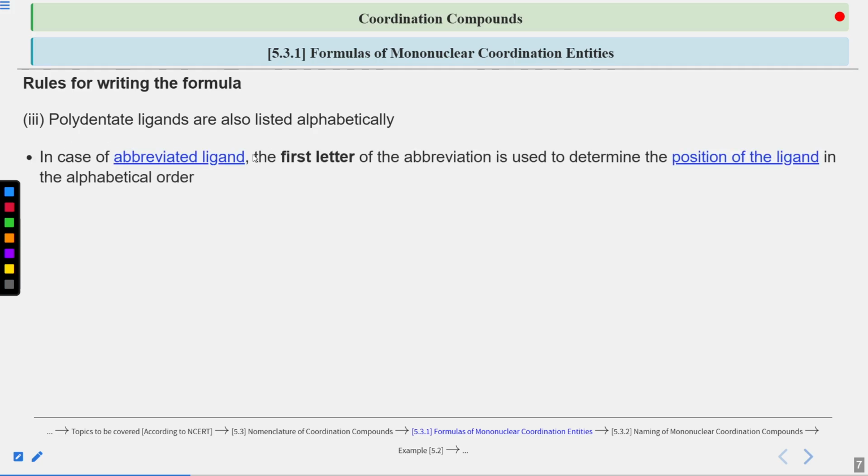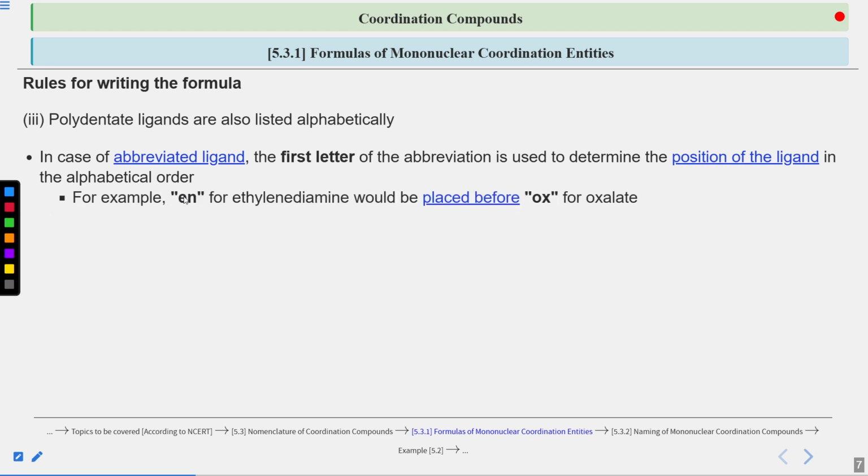In case of an abbreviated ligand, the first letter of the abbreviation is used to determine the position of the ligand in the alphabetical order. So if a ligand is abbreviated, then the first letter of that abbreviation decides the position of the ligand in the formula. So basically, we have to follow the alphabetical order.